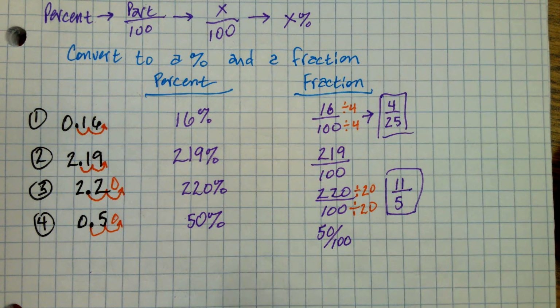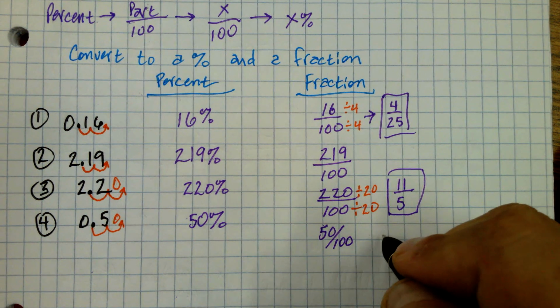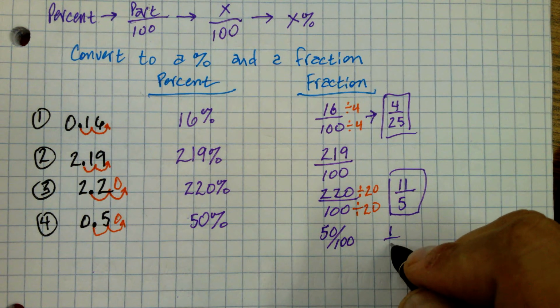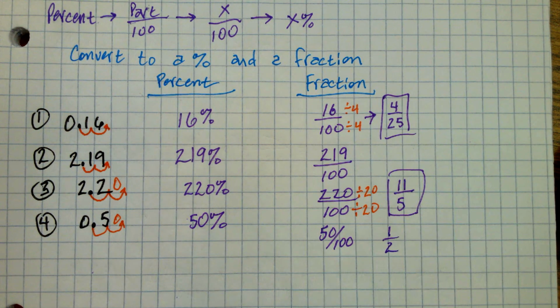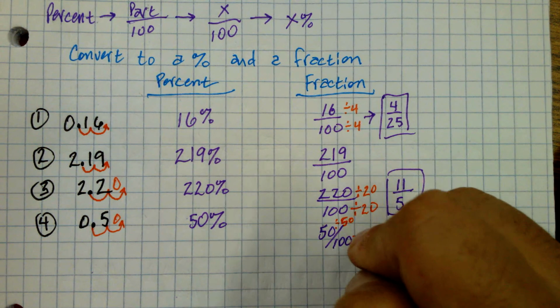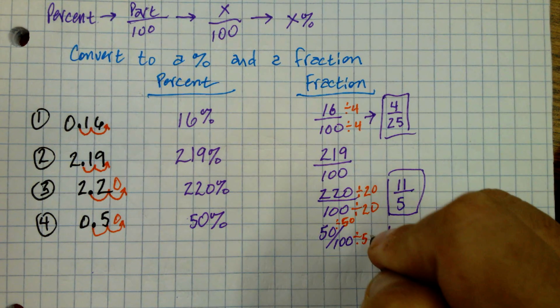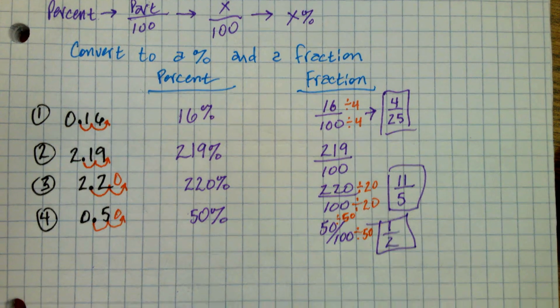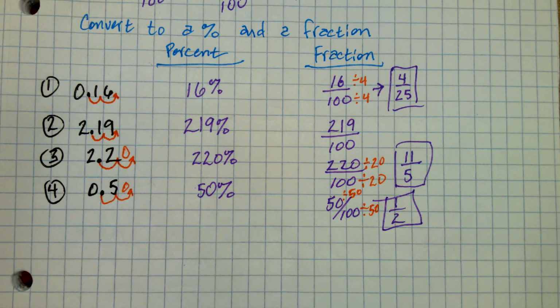And that gives us 1/2. I'm just going to put down that I divided by 50. Since this is our notes, we want to be complete here. Okay, so we'll be doing conversions backwards and forwards here.